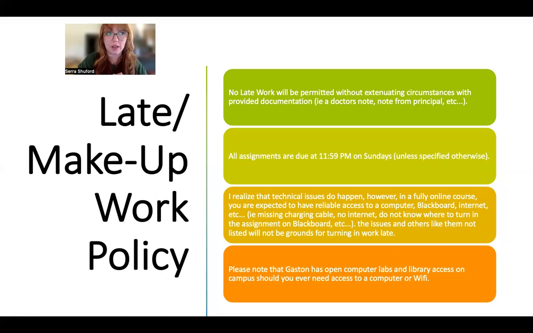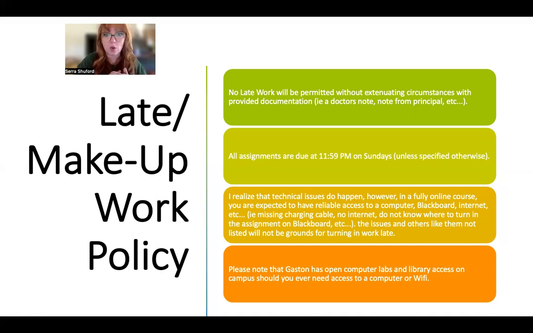If you're emailing me at 11 o'clock and saying that you don't have internet access or you don't have a charging cable, I've given you the entire week to figure that out. And if you're waiting until that last minute to submit assignments, that unfortunately is a risk that you've taken. Now, with that said, if something goes on earlier in the week and we can address it sooner, we can make exceptions for that and we can probably figure it out, somehow, some way.